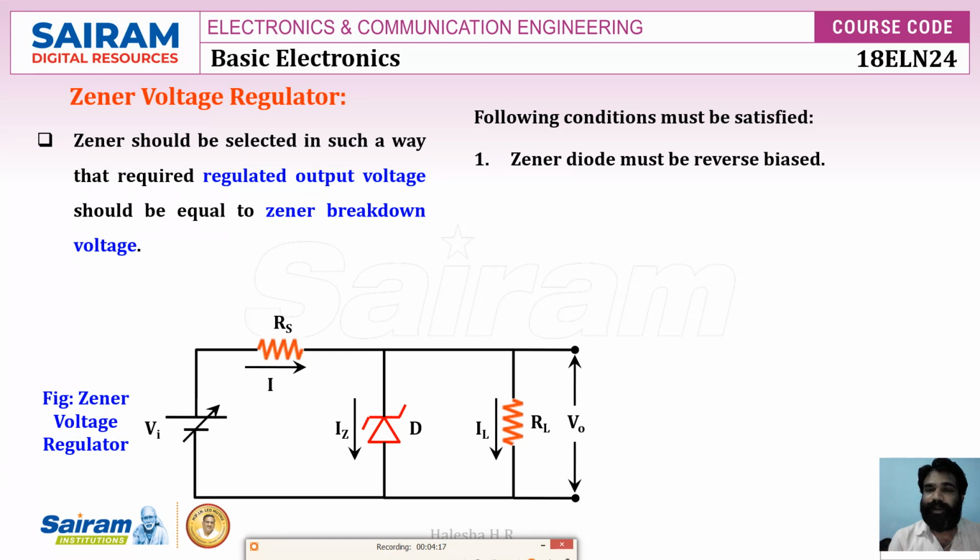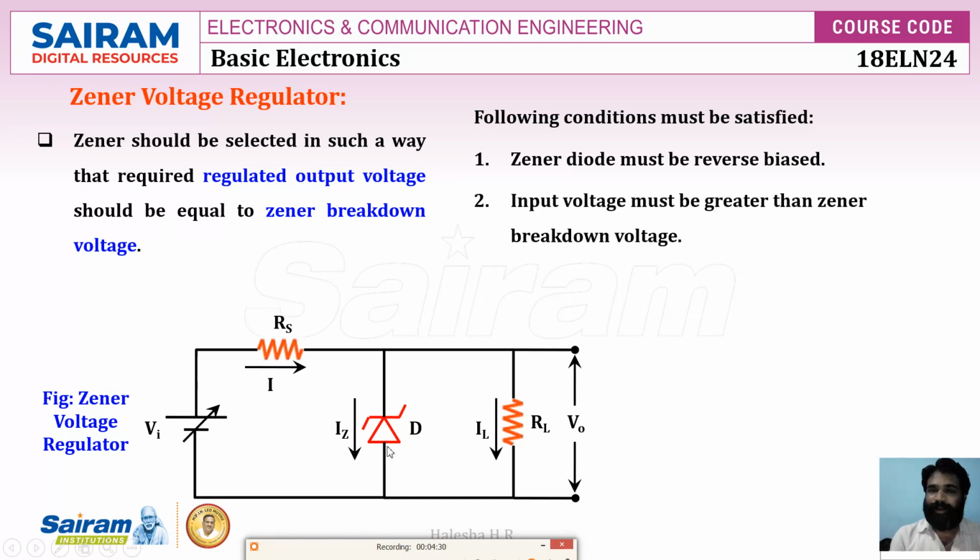Now the conditions must be followed. First condition, the Zener diode must be reverse biased. In the circuit diagram, it is reverse biased since the cathode is connected to the positive supply and the anode is connected to the negative supply. Second condition, the input voltage must be greater than the Zener breakdown voltage. Suppose the diode has a breakdown voltage of 6 volt, the input should be greater than or equal to 6 volt.